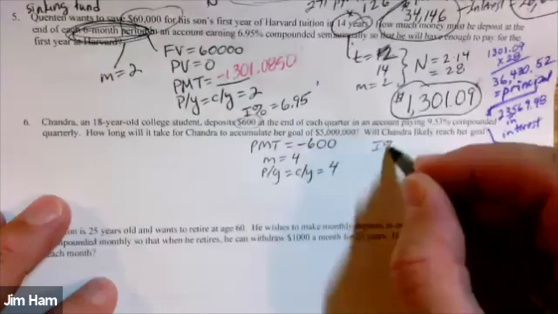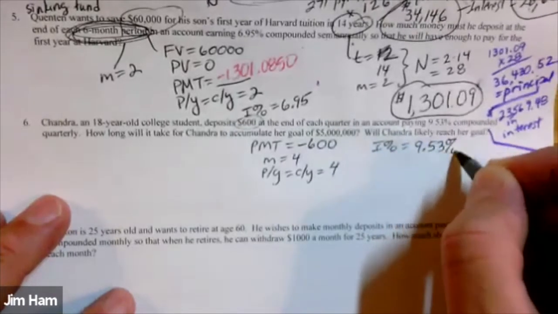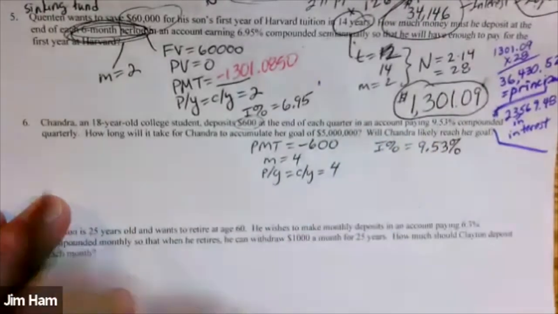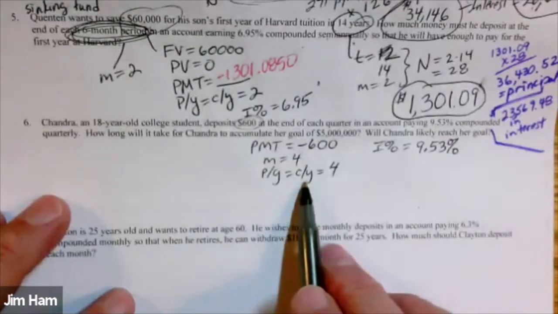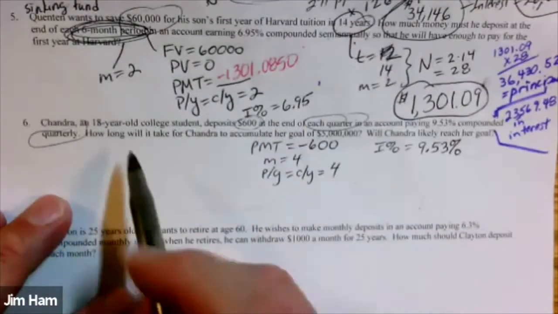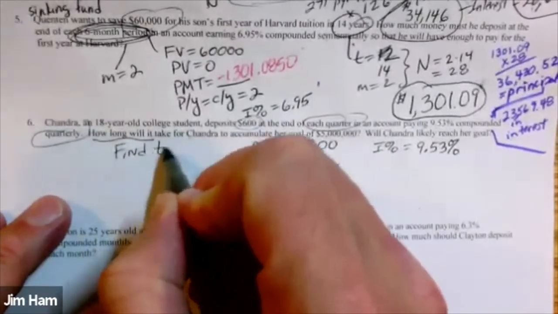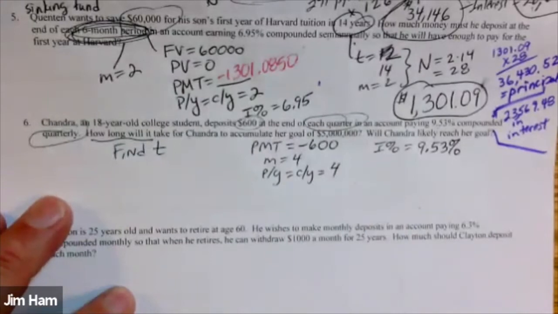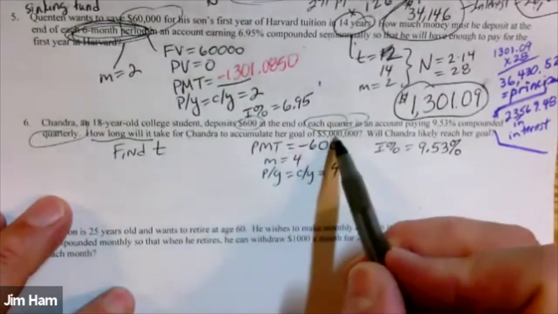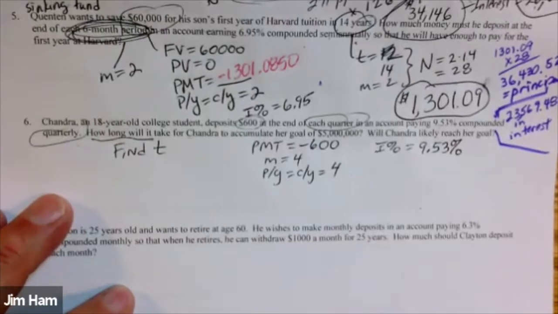Interest rate 9.53, compounded quarterly. Good, they have to match. How long will it take? Find N, or find T, for Chandra to accumulate her goal of $5 million. Will she likely reach her goal?